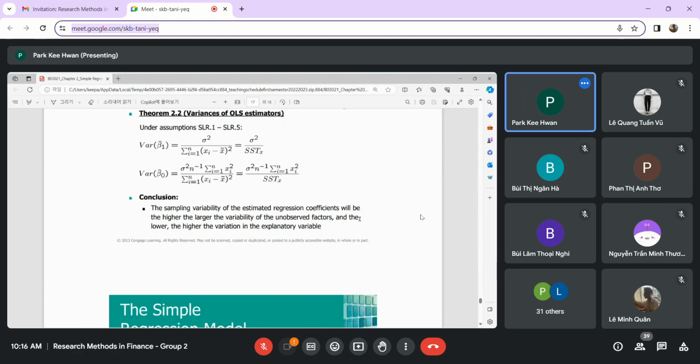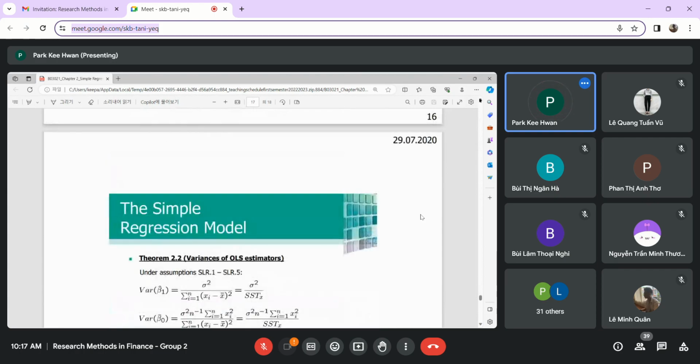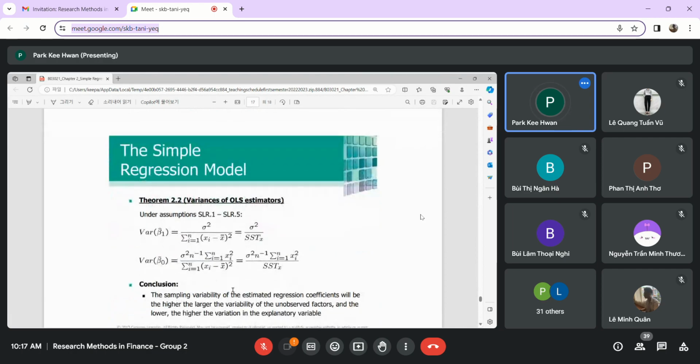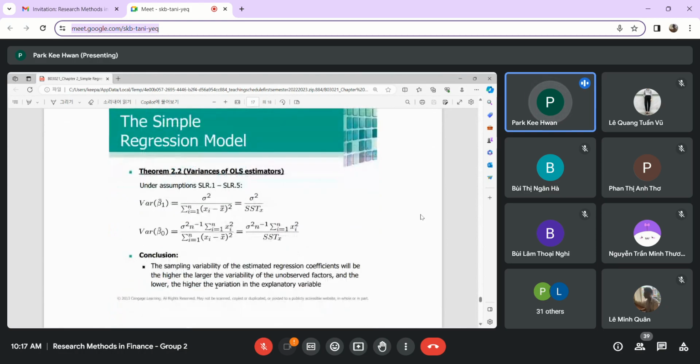Second, the sampling variability of the estimated regression coefficient will be lower the higher the variation in the explanatory variable. So if we go back to the expression, this denominator is the variation in the explanatory variable.